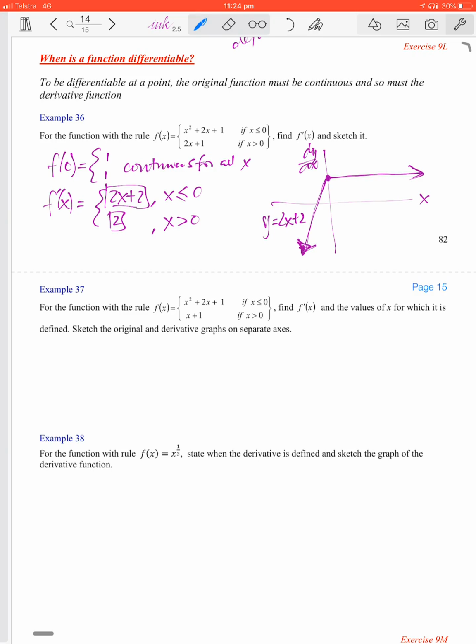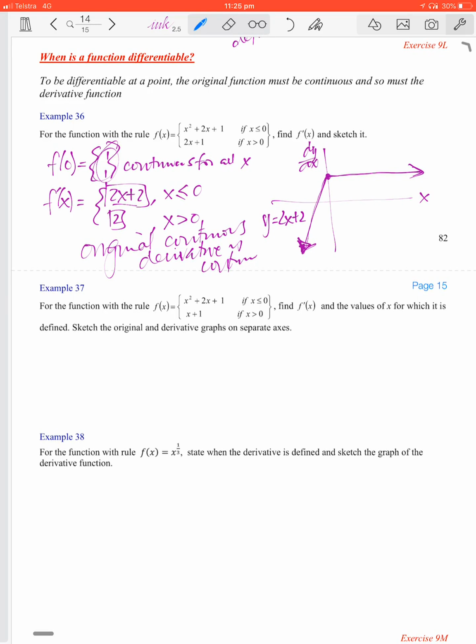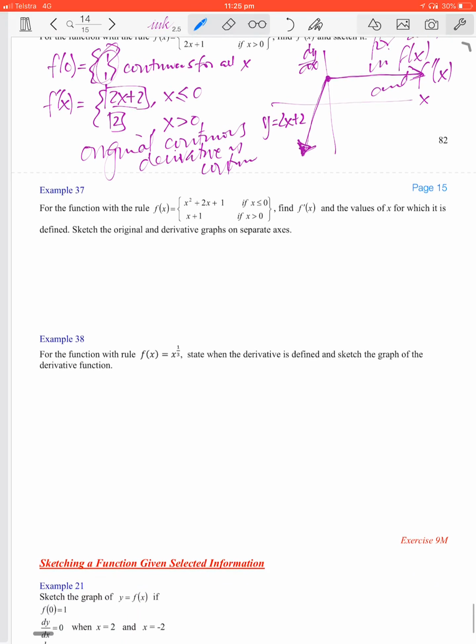And the original function, I can also, it's continuous. So because the original function is continuous, and the derivative is continuous, then we can say this function is continuous for all x in f of x and f dash of x. So the derivative exists for everything.